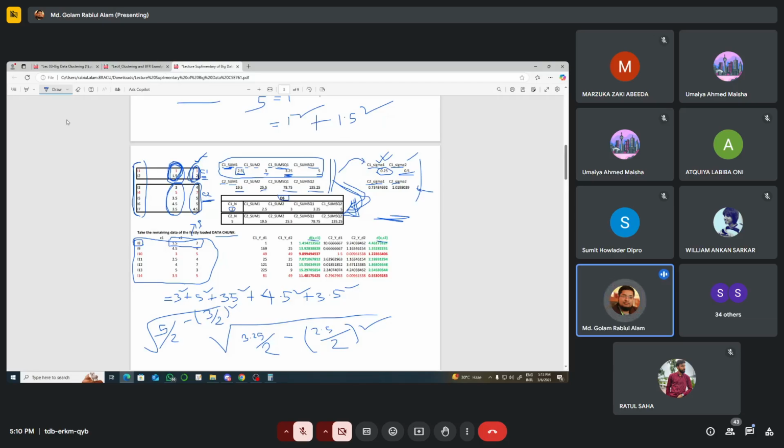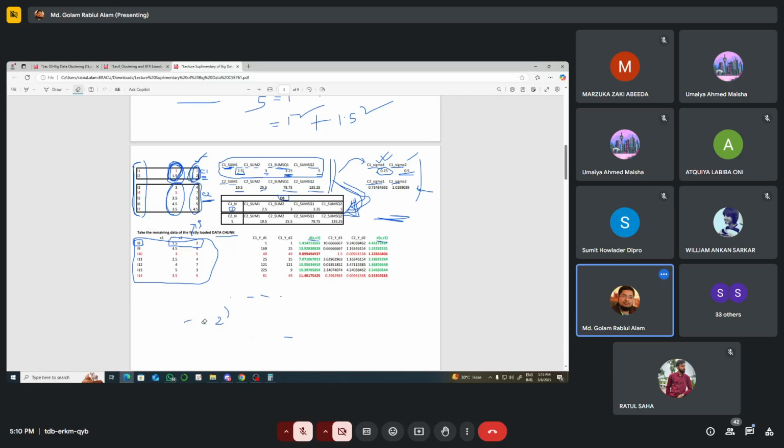How do we find it? We have the data point P, with x1 and x2. For I8, x1 is 1.5 and x2 is 2.